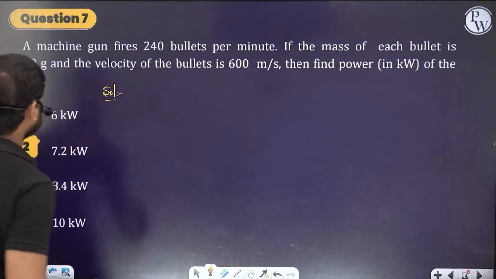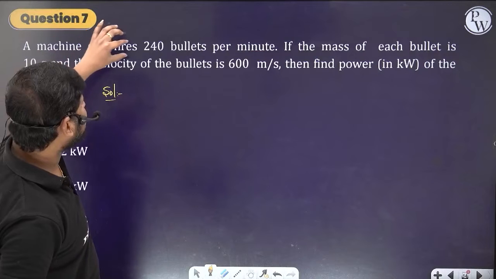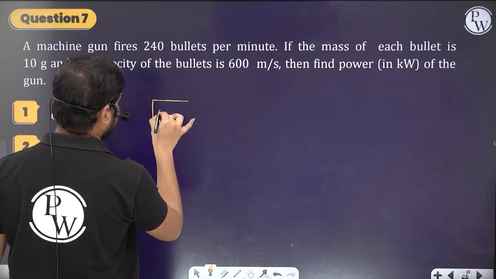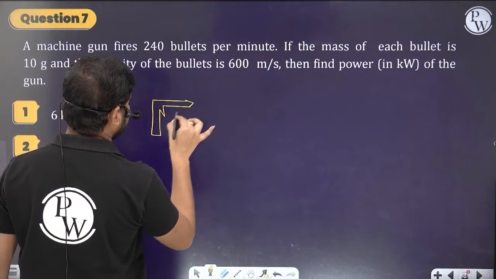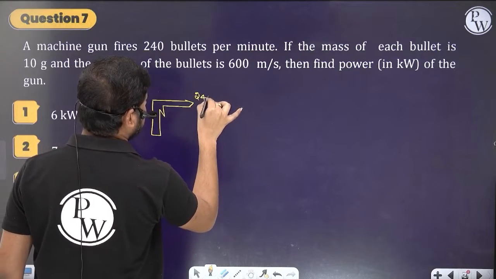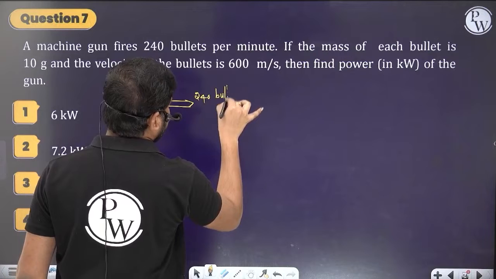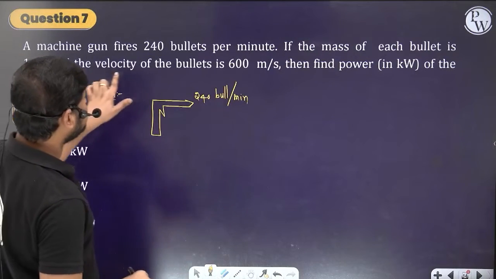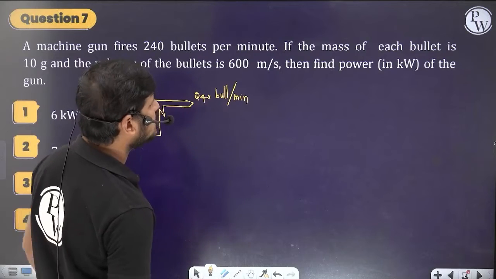What's the question? A machine gun fires 240 bullets per minute. Here is a machine gun which fires 240 bullets per minute. If the mass of each bullet is 10 grams and its velocity is 600 meter per second, find the power.